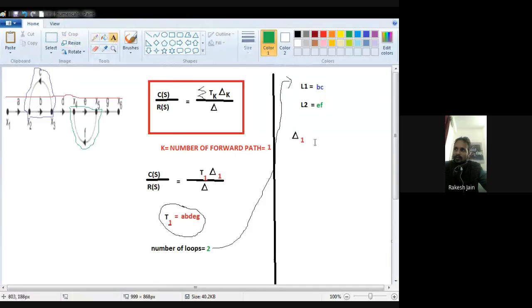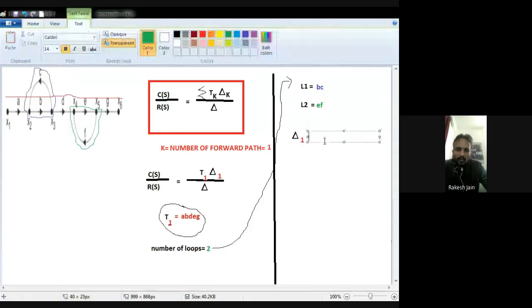Then what is the value of del 1? When all the loops touch the forward path, the value of del 1 is equal to 1, because both L1 and L2 touch the first forward path. I just write it down in brackets for your remembrance: because both loops touch the first forward path.